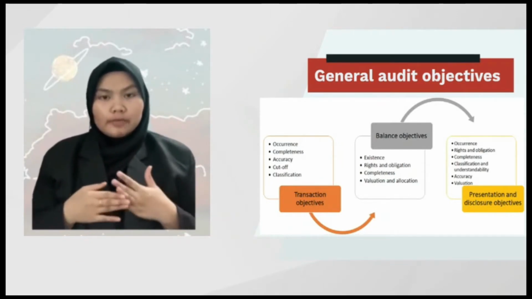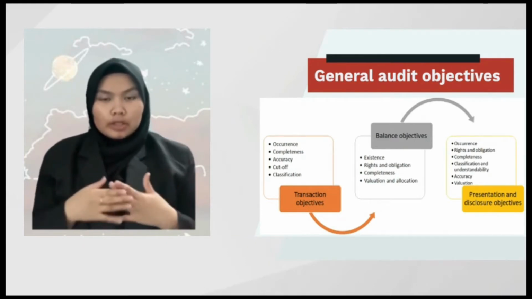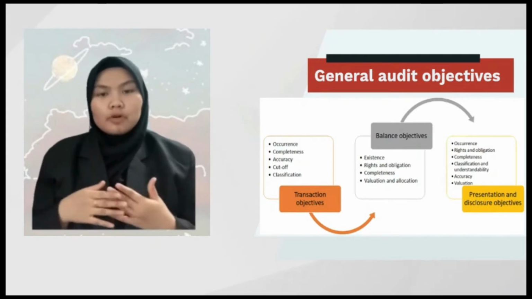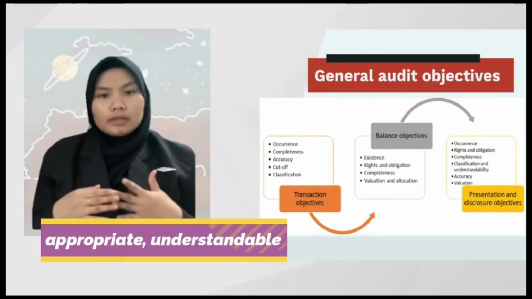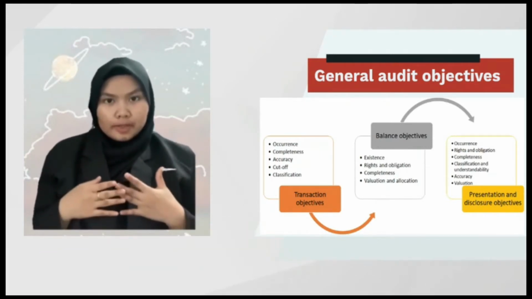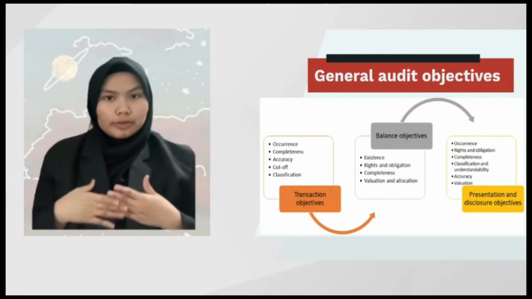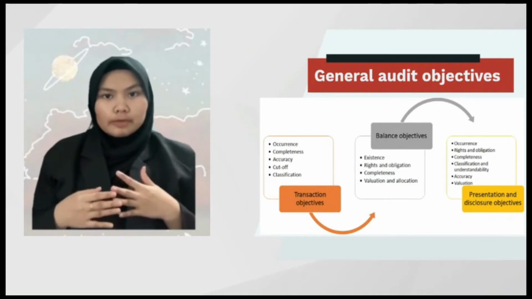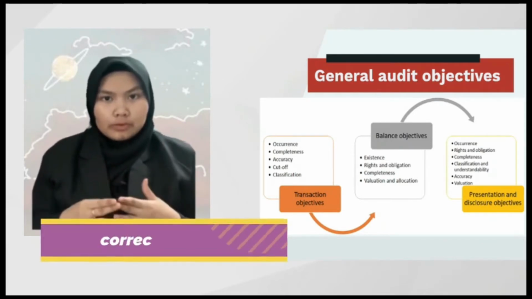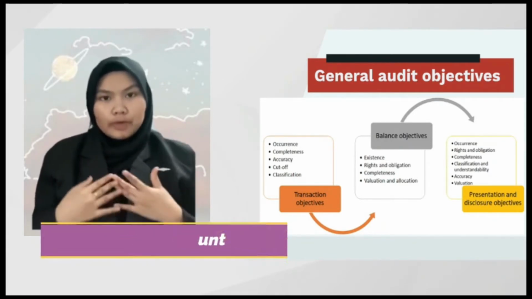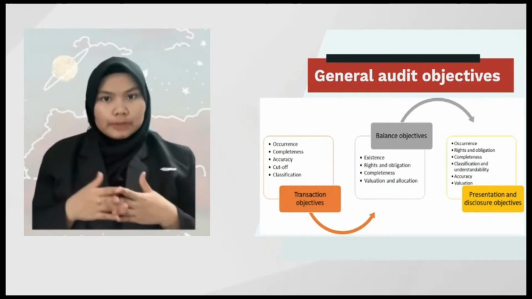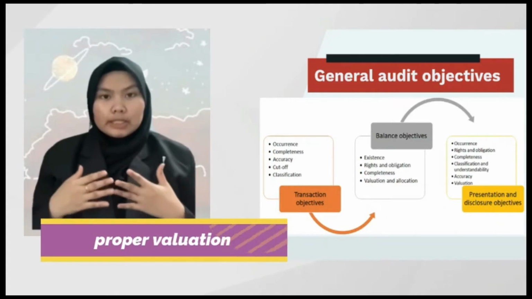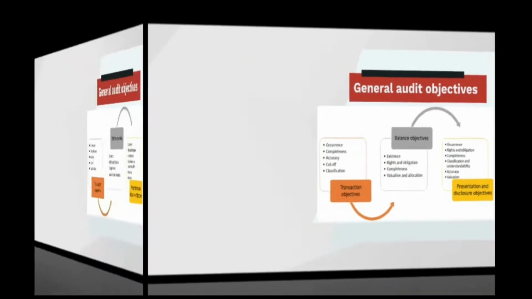Next, for classification and understandability, all the information included in the financial statement has been appropriately presented and is clearly understandable. The next one is accuracy. Accuracy means that all the information disclosed in the financial statement is in correct amounts that reflect the proper value. And lastly, valuation means that all the information disclosed is in its proper valuation.